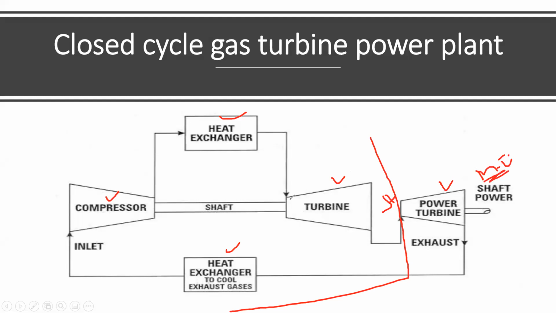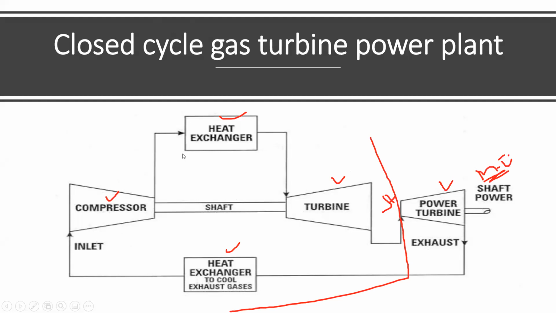In this process we use two turbines, your general turbine and your power turbine. Power turbine means its speed is very high, and its efficiency is very high with respect to your general turbine. So this is about your closed loop cycle.